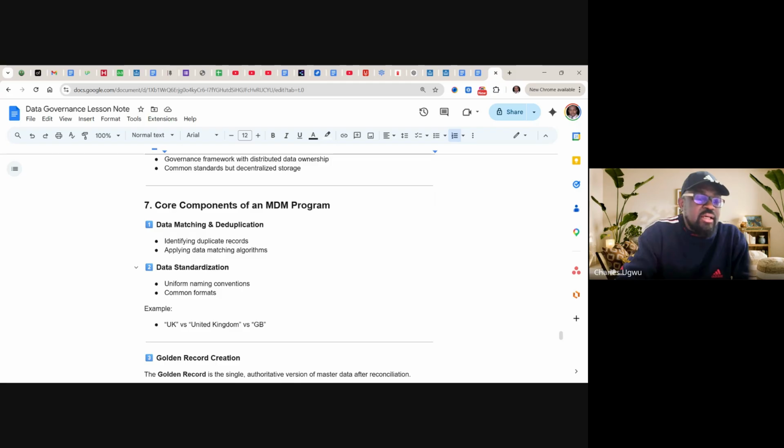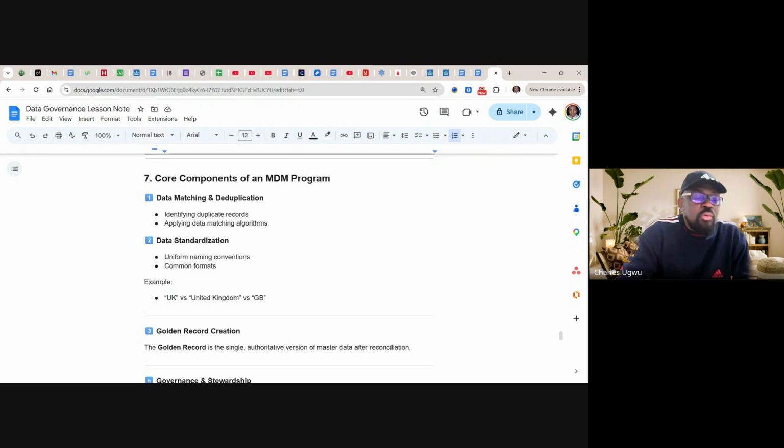Data standardization: uniformity, uniform naming convention, common format, just like I said in the federated system. So you must have a unified convention. If you come to the UK, you see three systems of UK name.